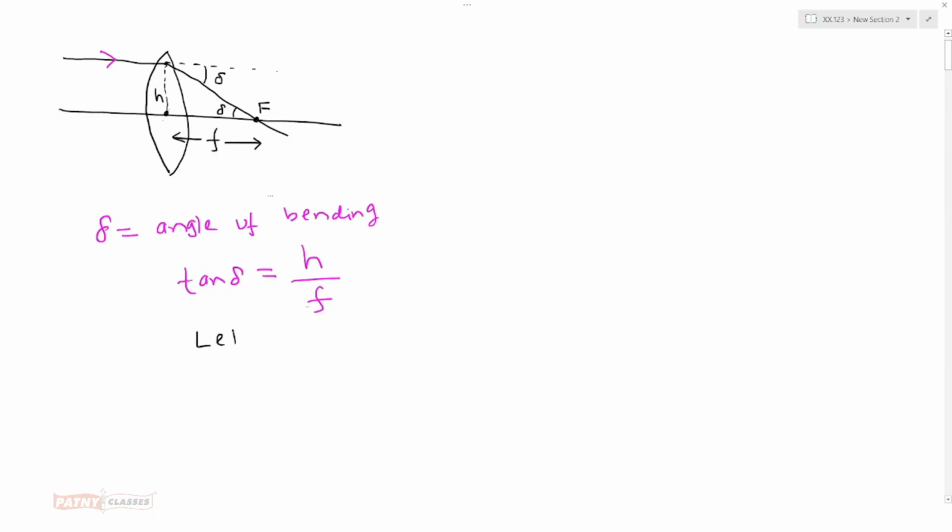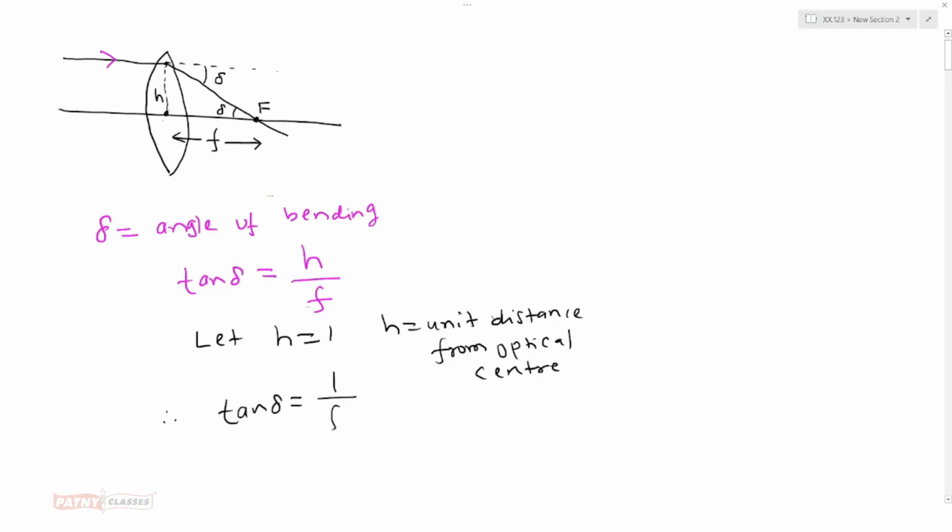Let us take the value of h equal to 1, that is h is the unit distance from the optical center. Therefore tan delta equals 1 upon f.